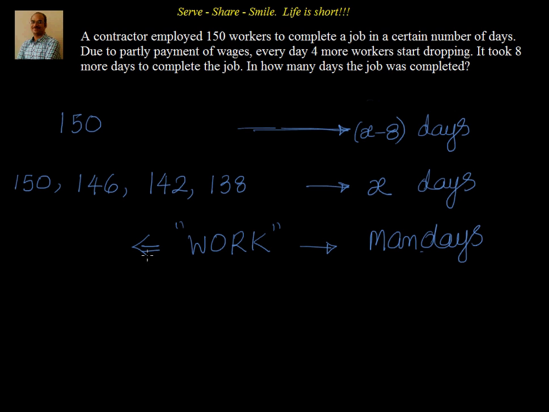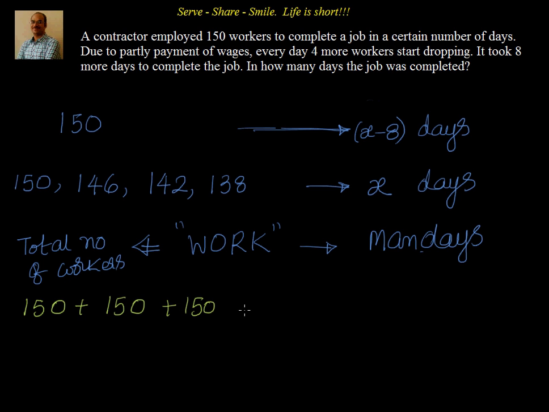So can I say if the work is equal, nothing but total number of workers reported, or man days, is equal. The total number of workers who reported every day, we just count the sum of them, and it should be equal. It is like this: first day 150 in the first scenario, second day also 150, third day also 150, like that.